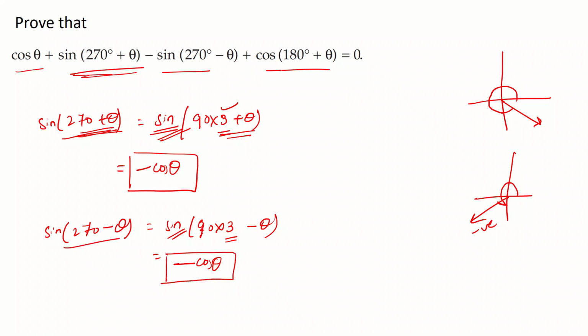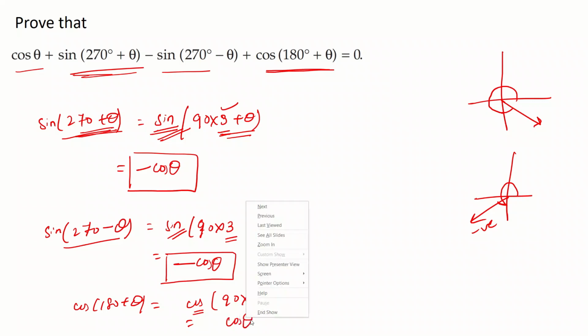And lastly we have to find out cos(180 + θ). So cos(180 + θ) is cos of 90 times 2 plus theta. So times 2 means cos will not change into sine, so cos will remain cos, and theta.